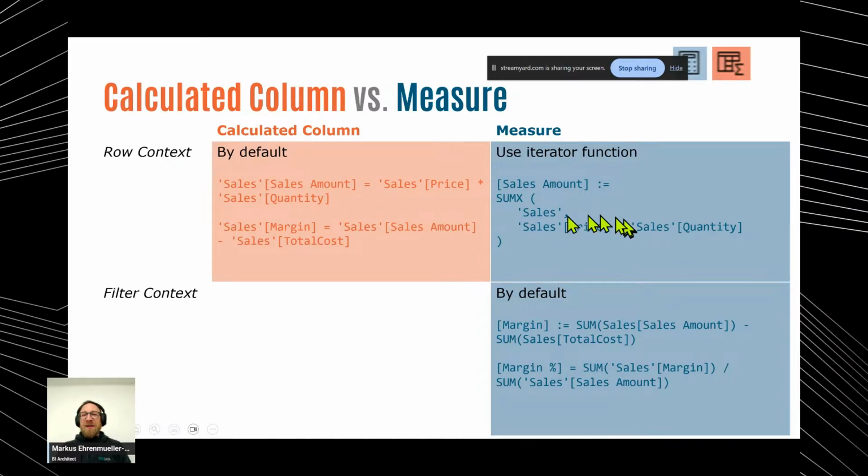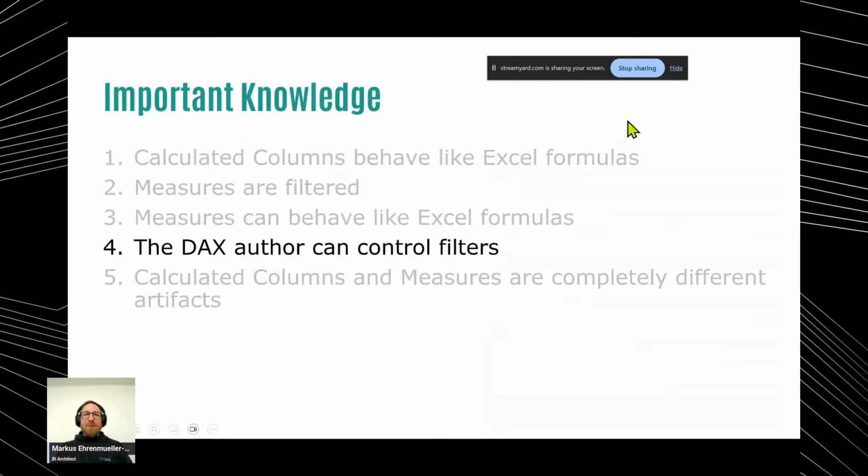It's the very same text here and here, because here I also have a row context inside a measure. And this allows me to do calculations like multiplications. So if you write something you want to multiply, maybe stop for a short second and think about, can I just use the SUM functions to sum the price and sum the quantity and multiply, or do I need to reach out to an iterator function?